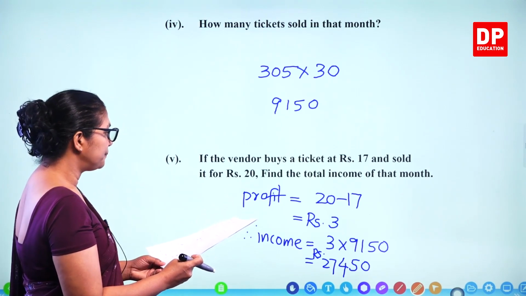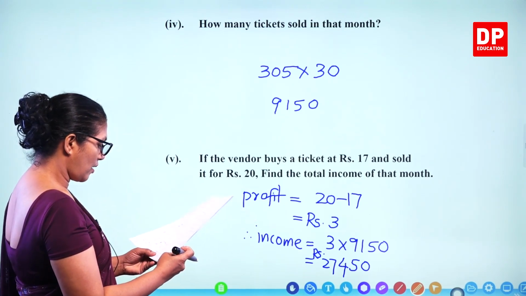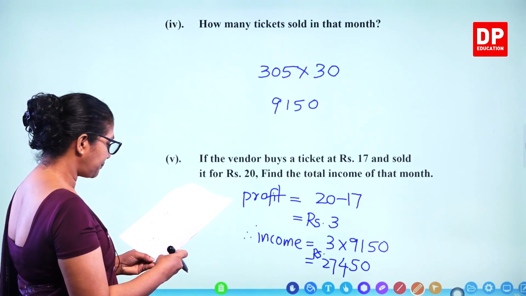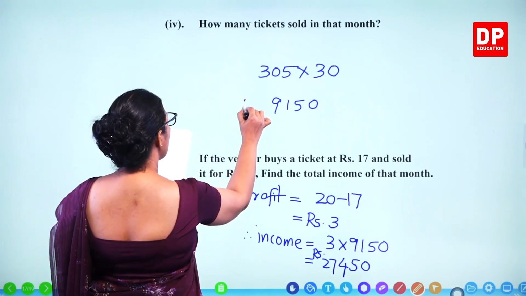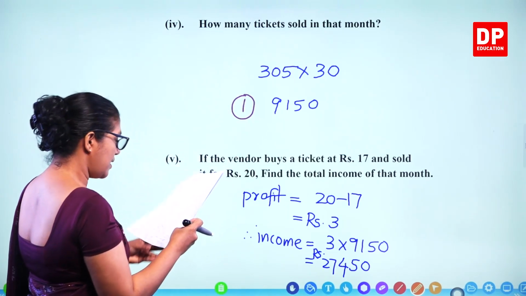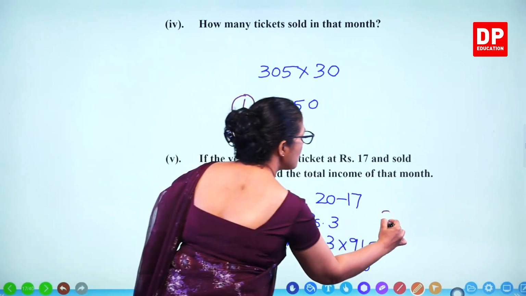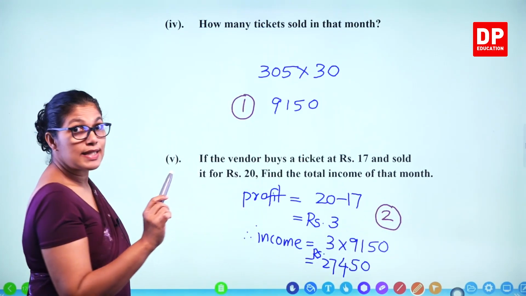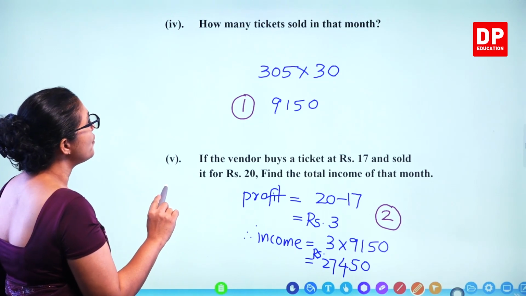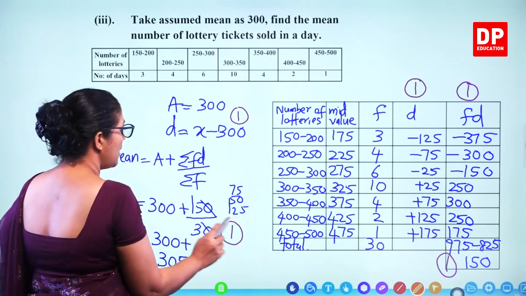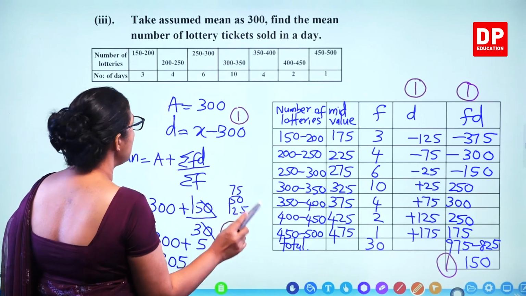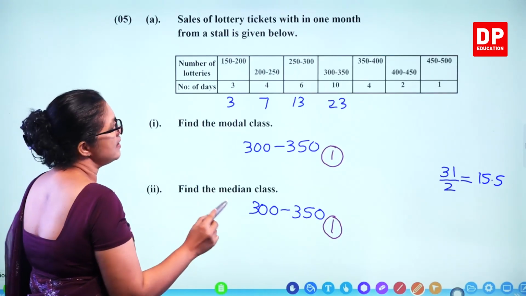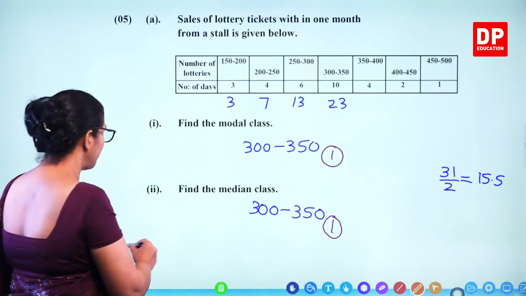So let's see. You get 1 mark for this step and 2 marks for this step. So we'll see whether we gave all 10 marks. 1, 2, 3, 4, 5, 6, 7, 8, 9, 10. 10 marks for that question.